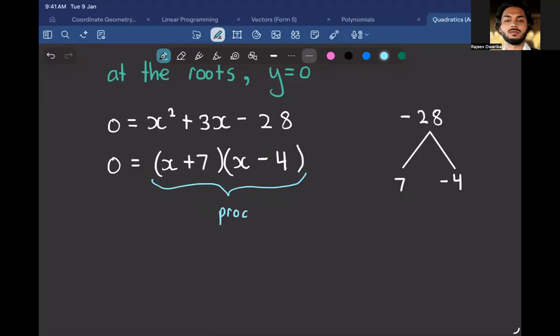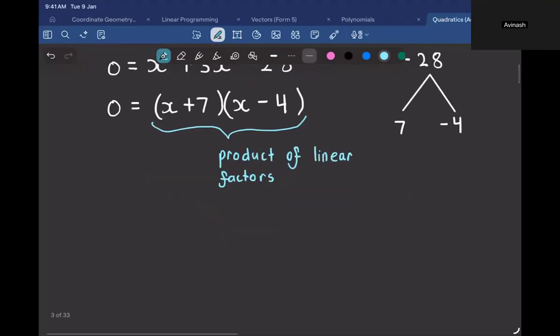So how is that going to help us? I have a question for you, Avinash. Any number times zero is? 0. Right. So what's going to happen here? I have 0 is equal to x plus 7 times x minus 4.